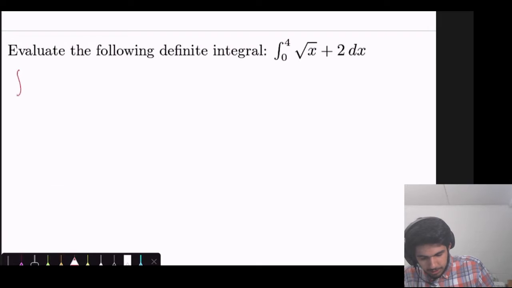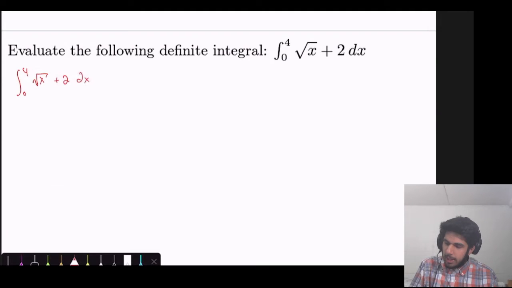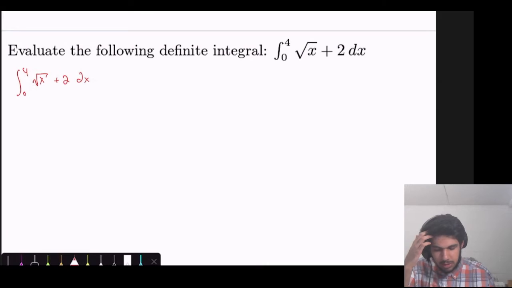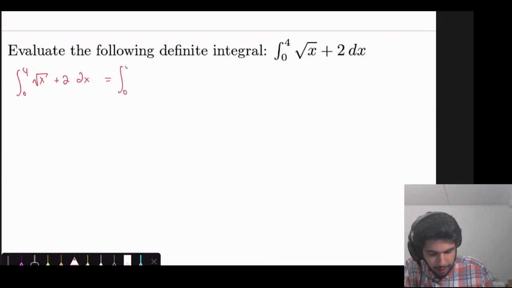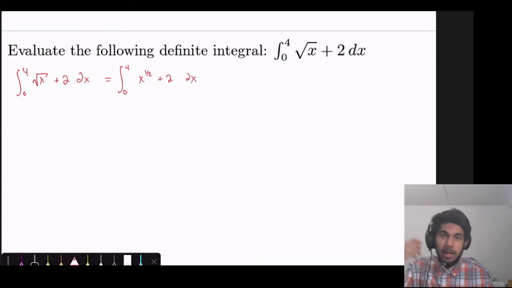With that said, let's try to evaluate this definite integral. So we have the integral from 0 to 4 of x times square root of x plus 2 dx. And the way we can do this is we can treat square root of x as x to the 1/2 power, so x to the 1/2 plus 2 dx. And then we're just going to integrate this as normal without worrying about the limits.